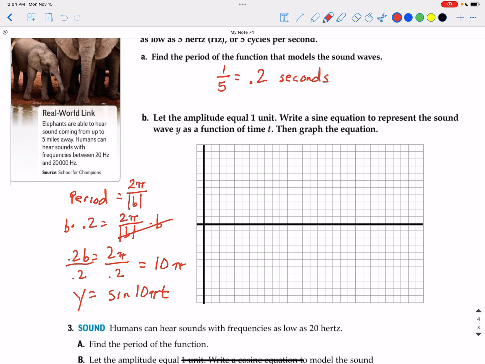So again, we know the period is 0.2 seconds. We've already figured out the period being 0.2 seconds. So I'm going to write out, let's do every 5 blocks equals 0.2 of a second. So 0.2, 1, 2, let's make it every 4 blocks. You know what?